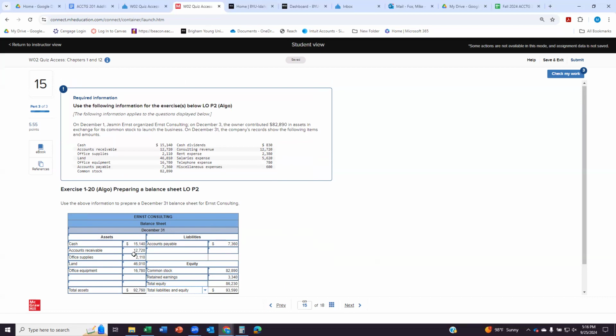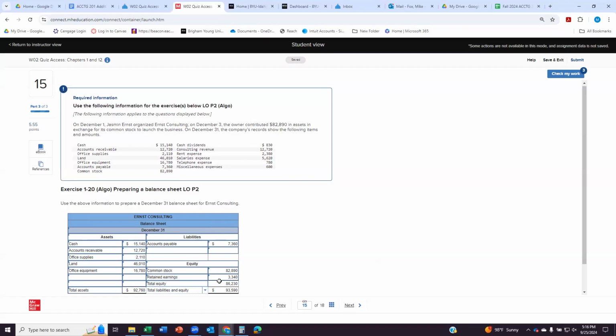Cash, accounts receivable, office supplies, land, office equipment. So that should be right. My accounts payable, my common stock.